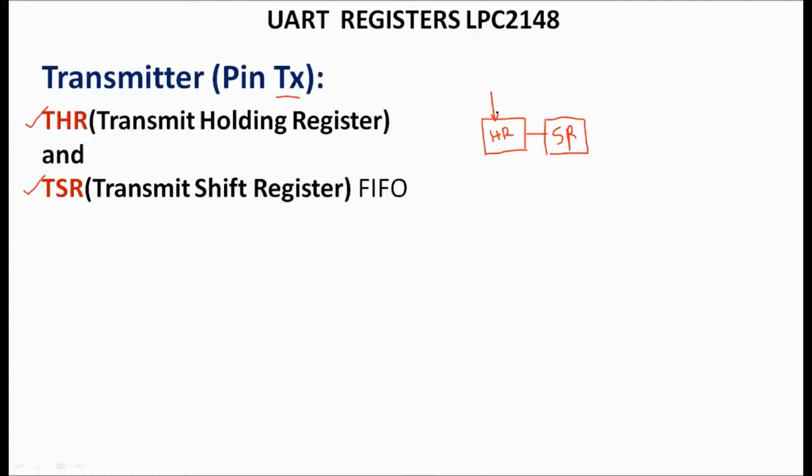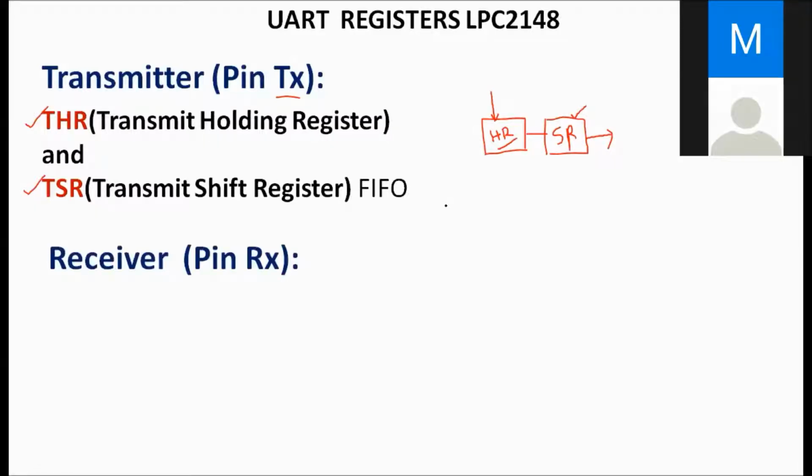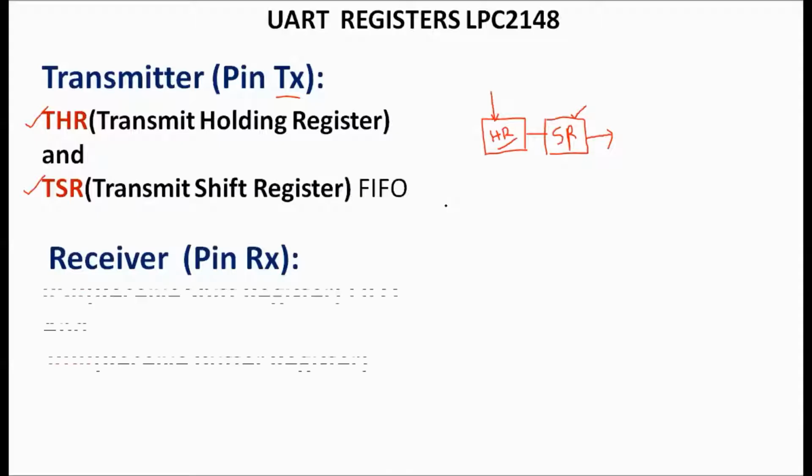Internally, this parallel 8-bit ASCII value will be converted into serial and stored in the shift register. The shift register will transmit these 8 bits serially, that is, one bit at each clock signal. So the user stores the ASCII value in the holding register, and automatically the controller will convert it into serial data, and that will be transmitted. For this, these two registers are used.